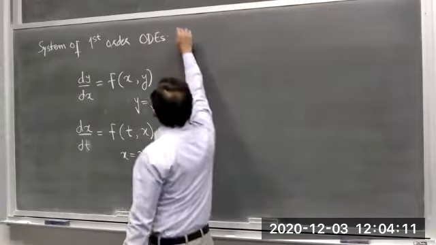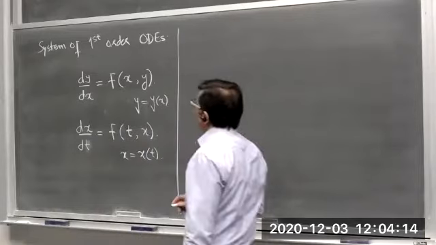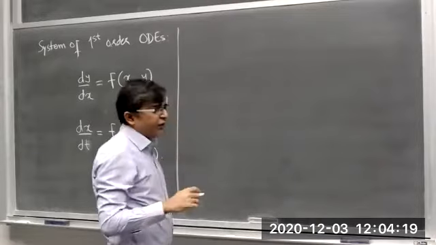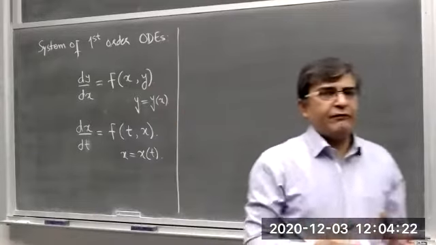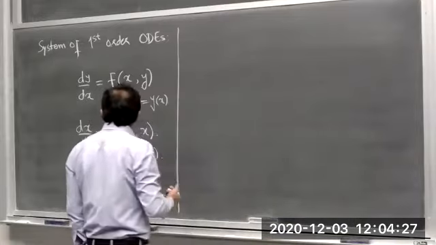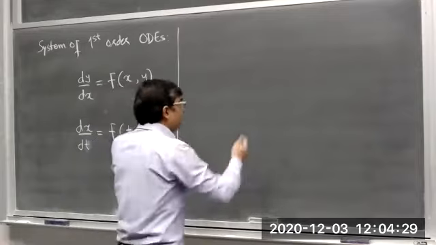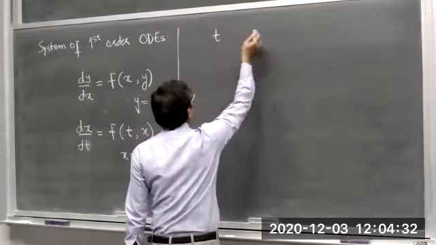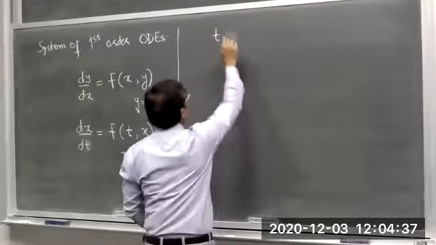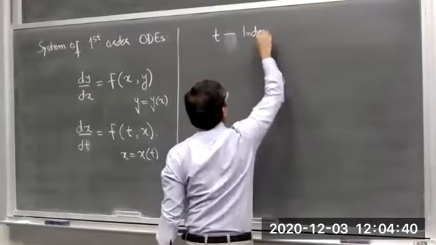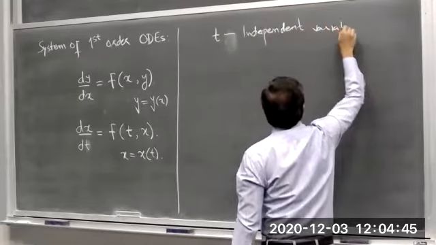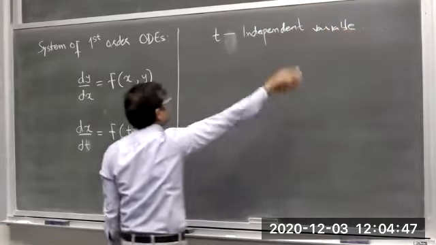In general, how can we write a system of first order ODEs? We need to define n dependent variables. The system generally contains n dependent variables, and there is one independent variable t.